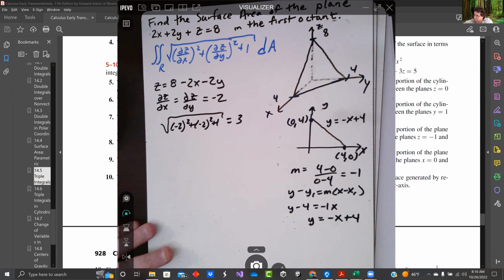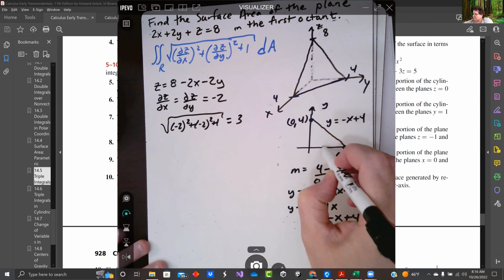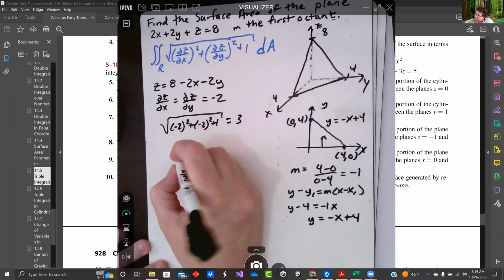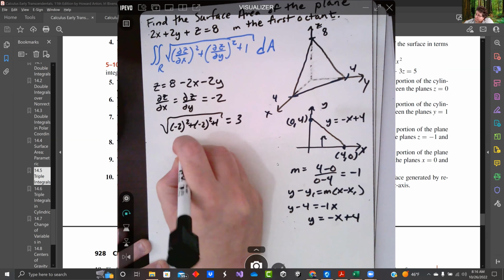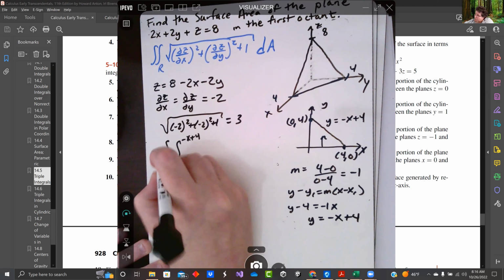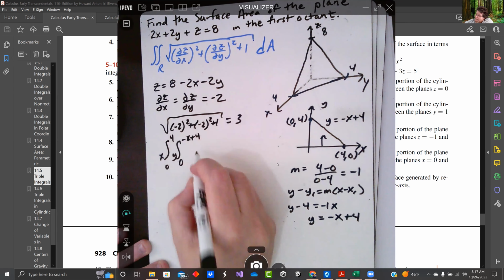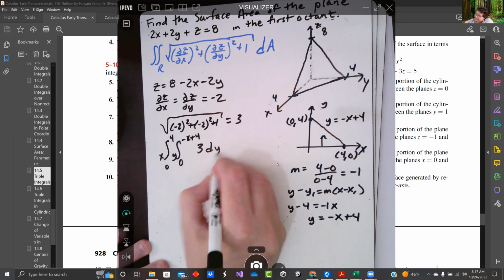So we just got to decide which one we want to do first. If we do dy first, we'll go from 0 to negative x plus 4. And then the outer integral will be x from 0 to 4, of 3 dy dx.